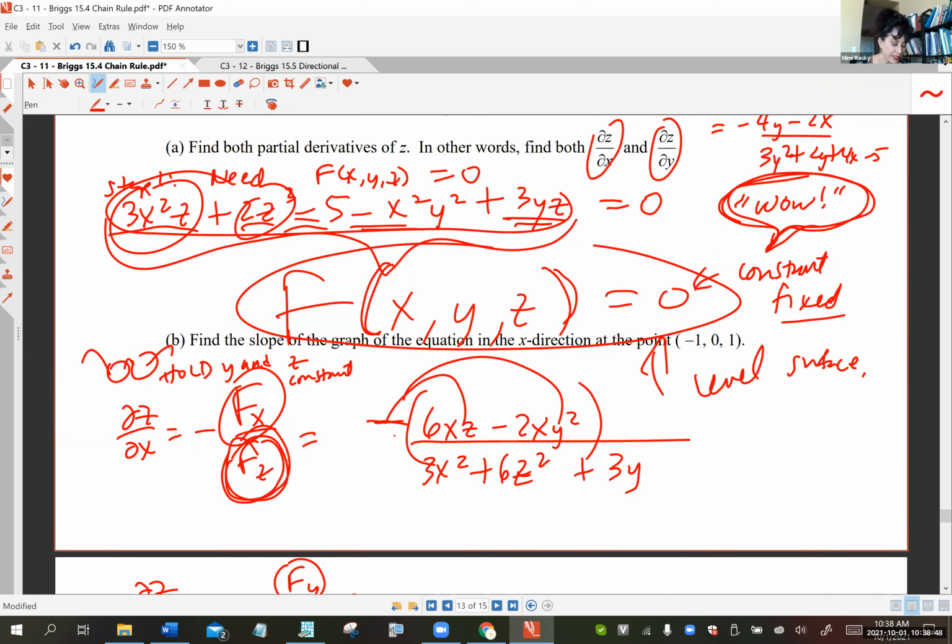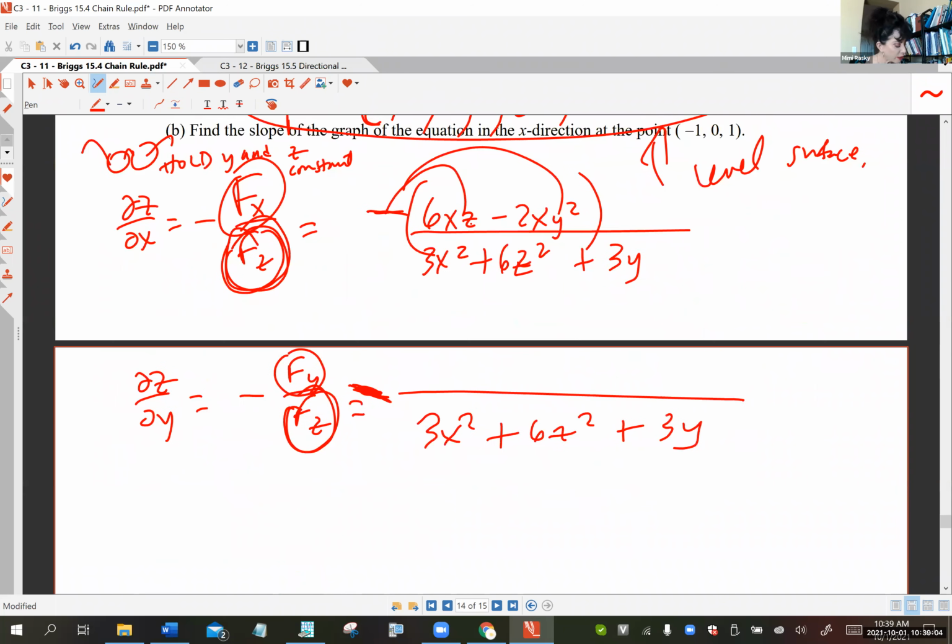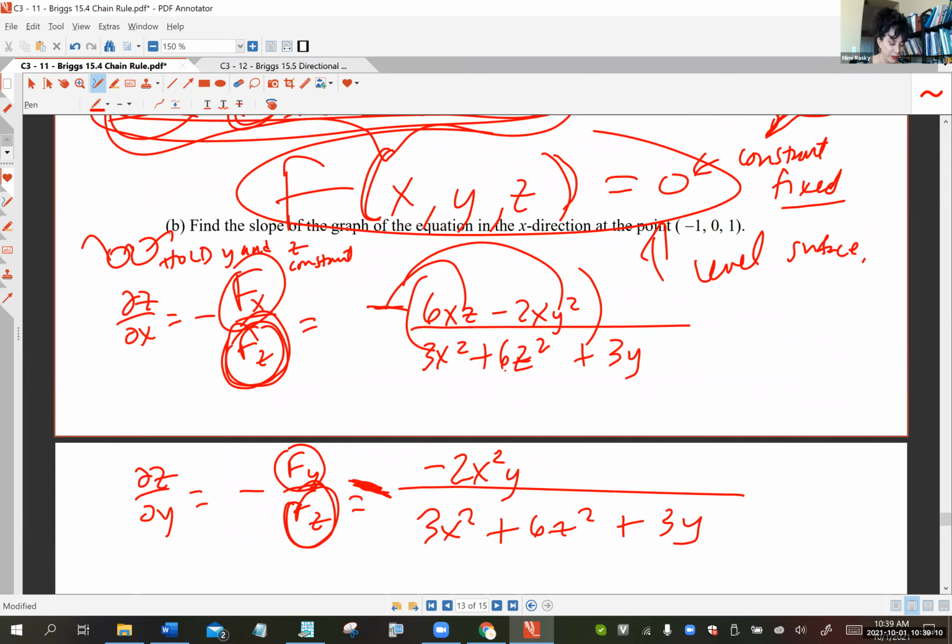Okay, so now I'm going to retake the partial of that big F, but this time with respect to y. So the derivative of the first term, 3x squared z, with respect to y, 0. Derivative of second term, 0. Derivative of third term, 0. Wait, the derivative of minus x squared y squared is minus 2x squared y. That did not go to 0.